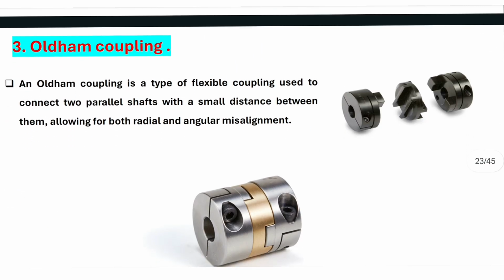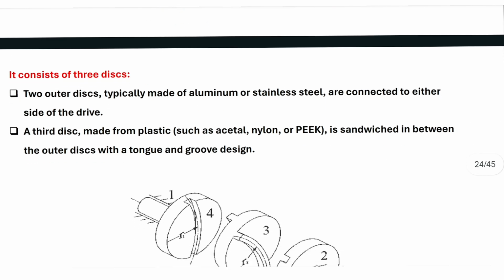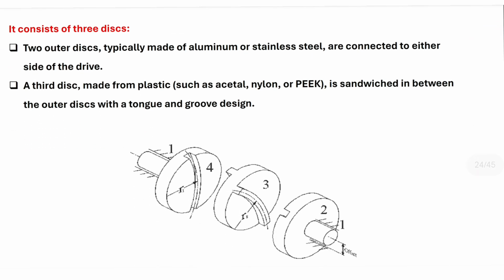Okay. Next is the Oldham coupling. What is an Oldham coupling? An Oldham coupling is a type of flexible coupling used to connect two parallel shafts with a small distance between them, allowing for both radial and angular misalignments. It consists of three discs.